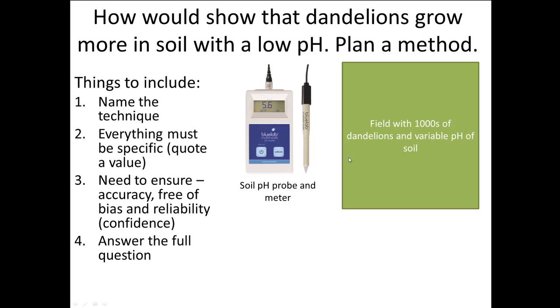If you don't know where to start, put that down. Because that's better than the person who will just say, sample many areas in the field, or even vaguer. You need to ensure accuracy, avoid bias, and address reliability or confidence, and answer the full question. So pause it now, because I'm going to go on to the next slide and go through a perfect 6-mark answer.